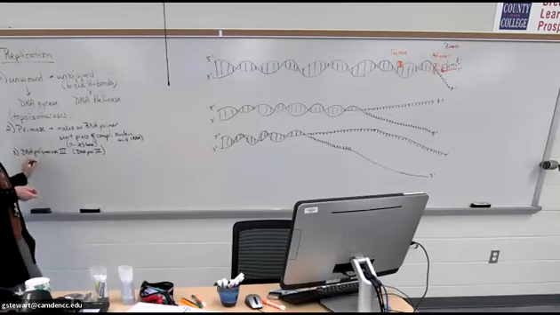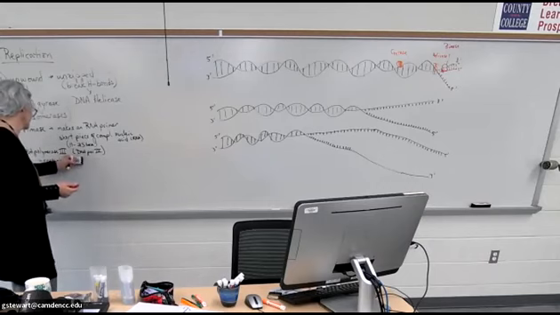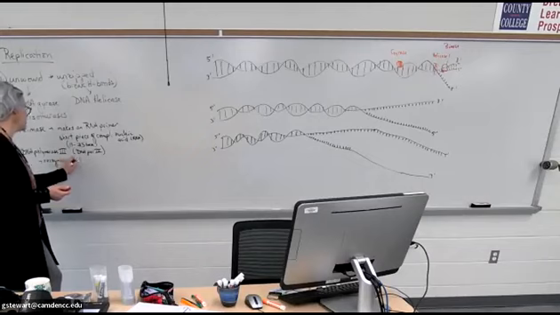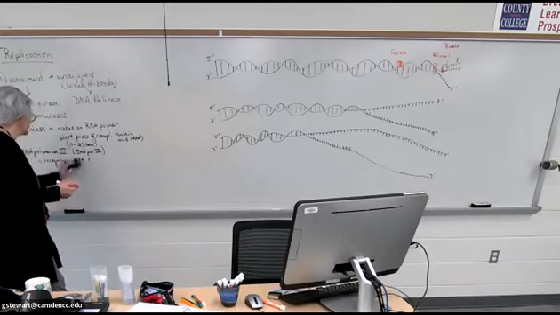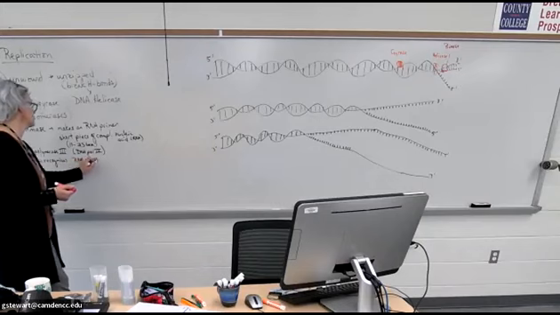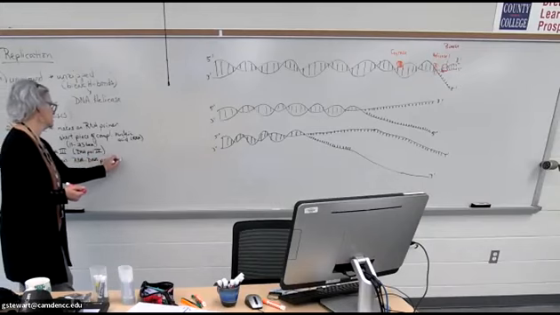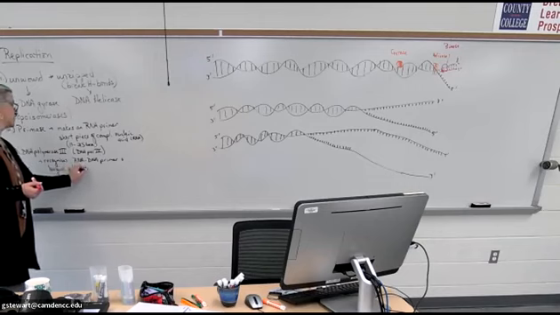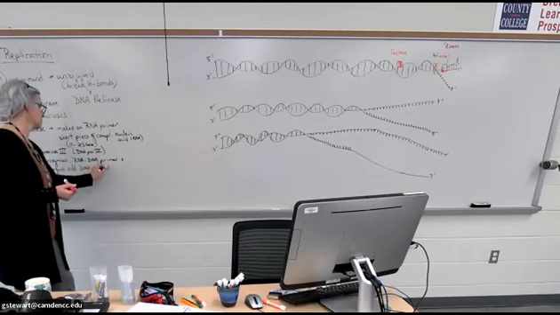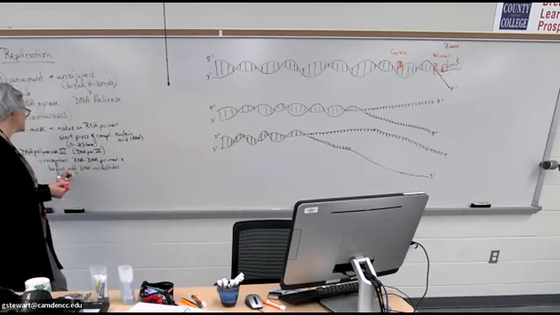Adds DNA, makes DNA polymers, right? That's what it does. DNA polymerase 3, we need to note, recognizes the primer, the RNA primer, RNA DNA primer combo, and begins adding DNA nucleotides in the 5' to 3' direction.